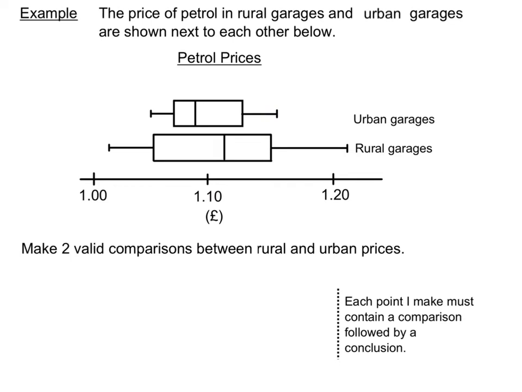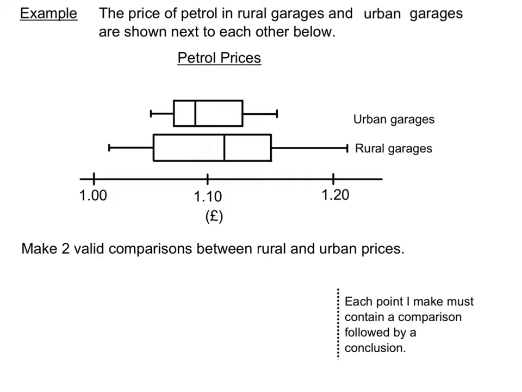So what we'll now look at is an example of a comparative box plot, so two box plots, one above the other, so we can compare the statistics we talked about in the previous slide, which were the median values and the interquartile range. Here we have the price of petrol in rural garages and the price of petrol in urban garages shown next to each other.